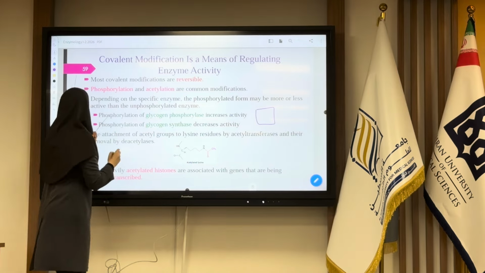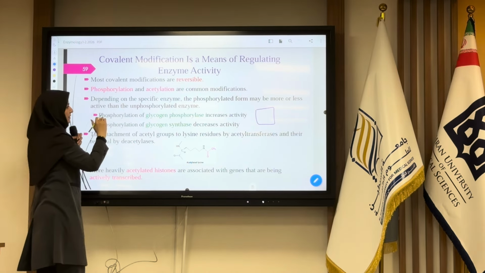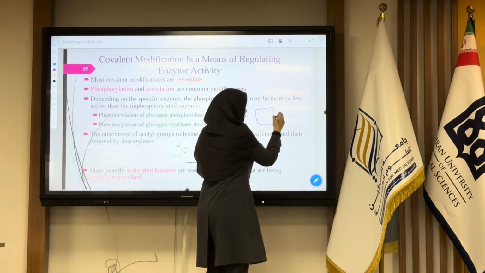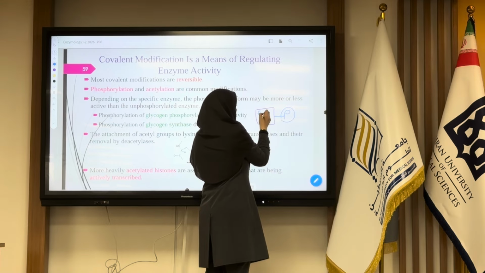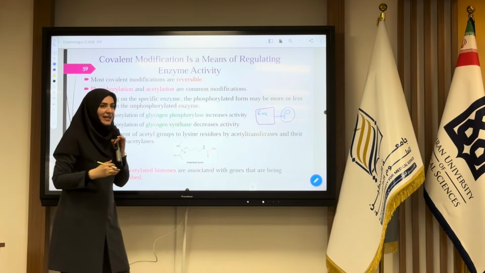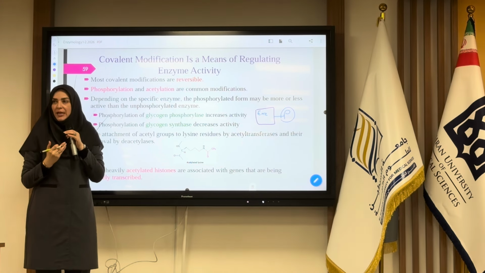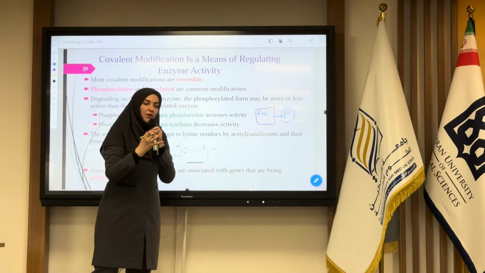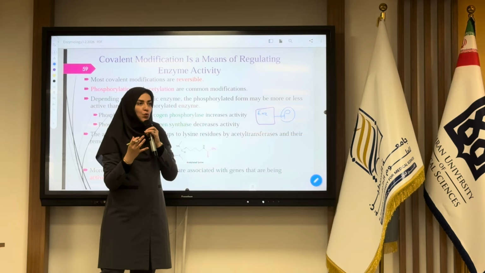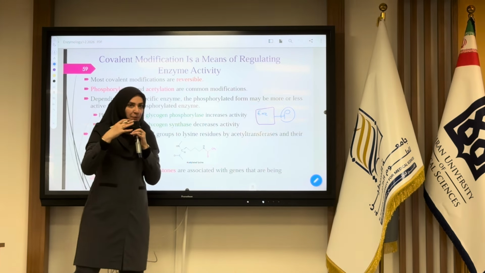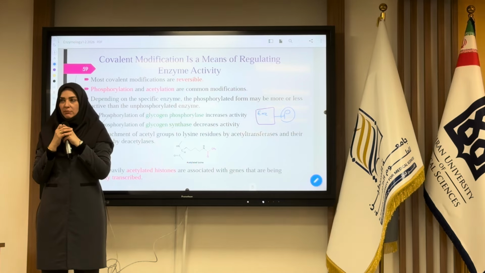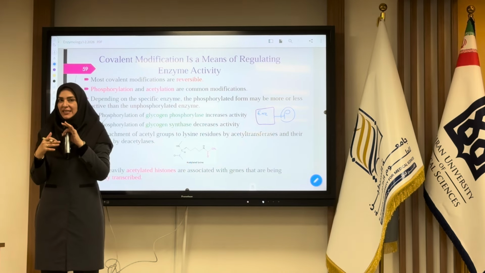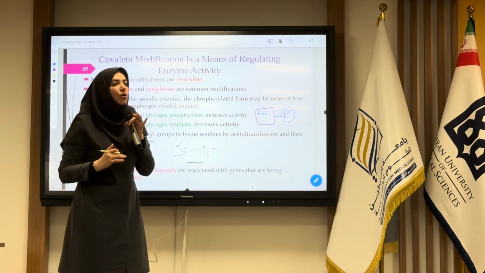As I mentioned, sometimes you add phosphor to your enzyme for activation. Because this adding of the phosphor is through a covalent bond, this process is known as a covalent modification. Is it clear? This is the concept of this slide.